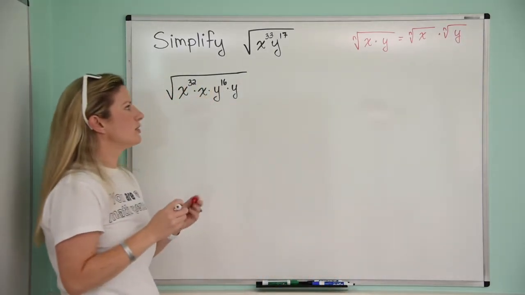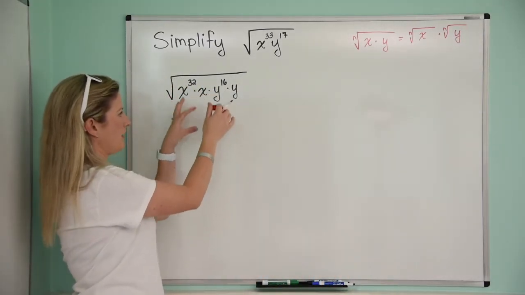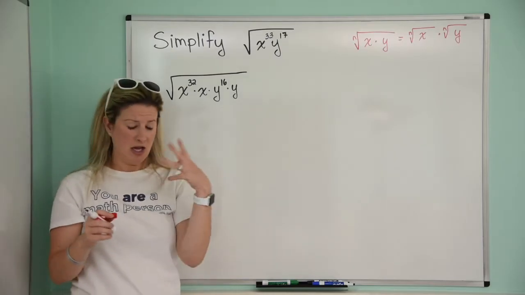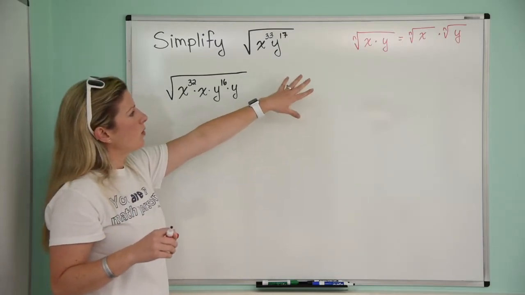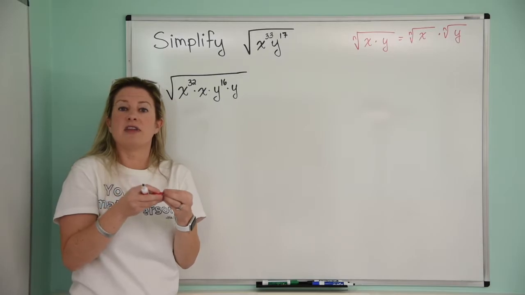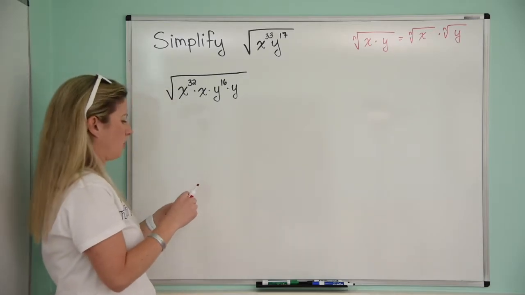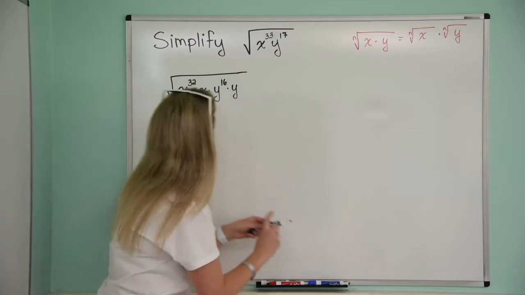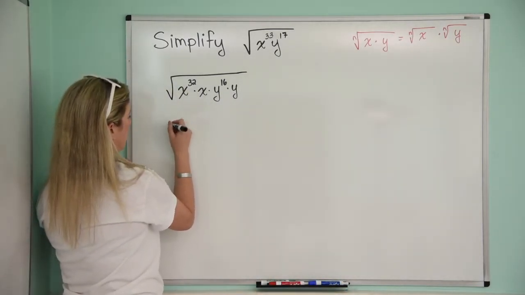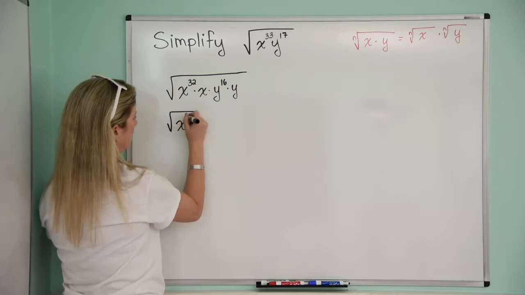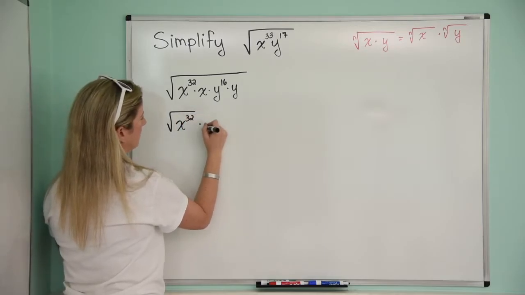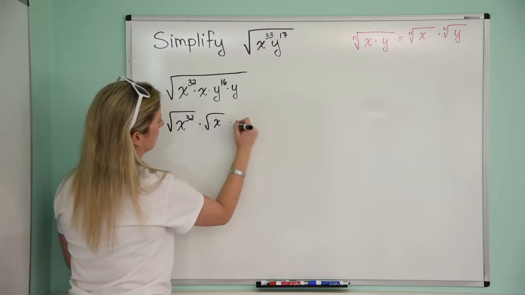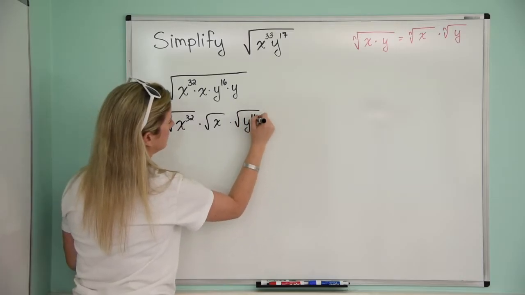Using the product property and breaking everything up like that makes it easier, because we can see everything individually and it's more clear. So I'll write this as the square root of x to the 32nd times the square root of x times the square root of y to the 16th times the square root of y.